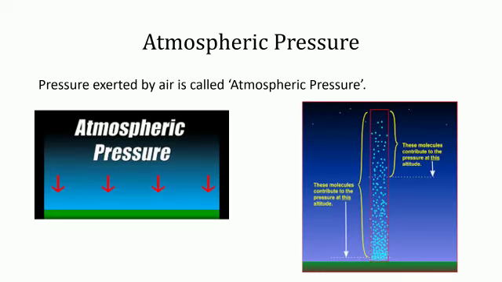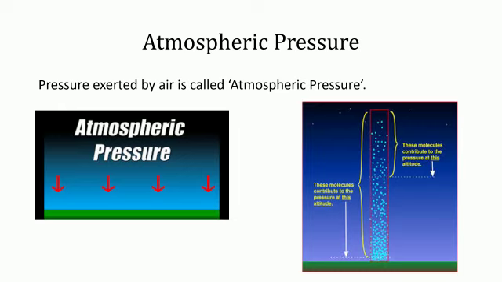Atmospheric pressure. It is the pressure which is created due to air. Imagine that a very long hollow cylinder of unit cross-sectional area is standing on the surface of the earth and it contains air. Gravitational force is acting on the air and pulling it towards the center of the earth.